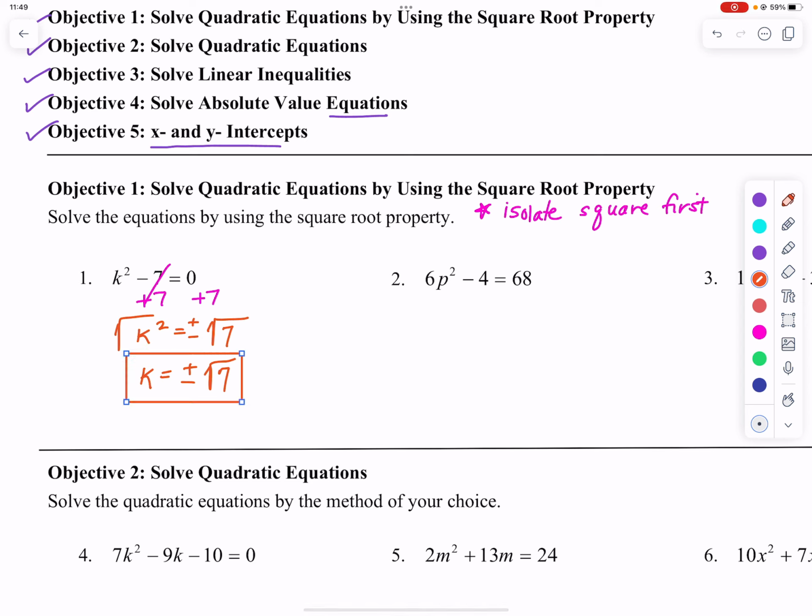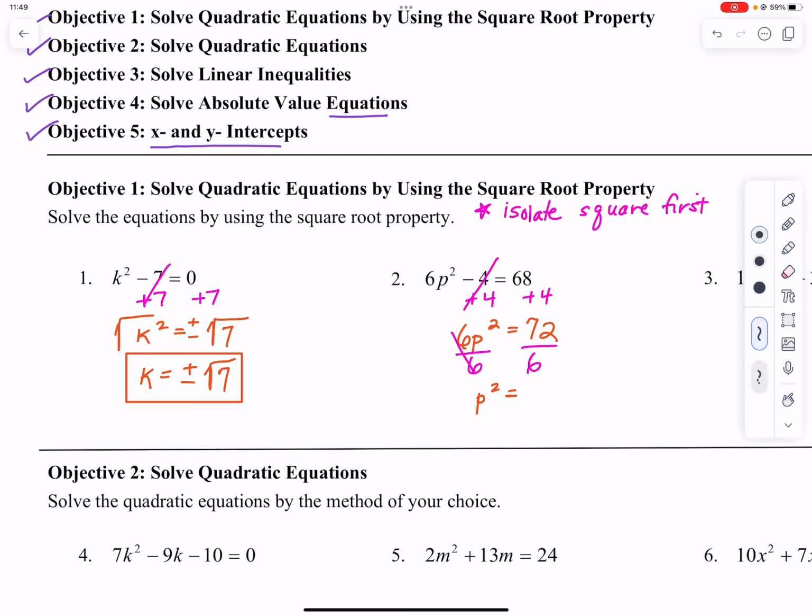Okay, let's do that again. So we need to isolate the squared term, so we will add 4 to both sides. And we end up with 6p squared equals 72. Now before we go on, we still want to isolate the square term, so we will divide both sides by 6, and we will have p squared equals 12.